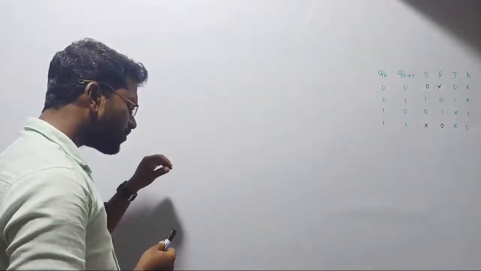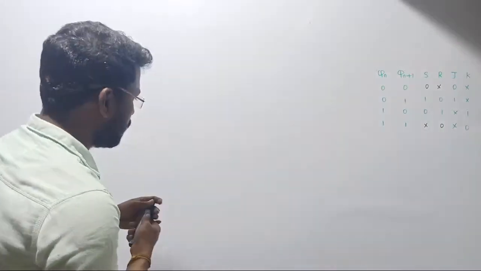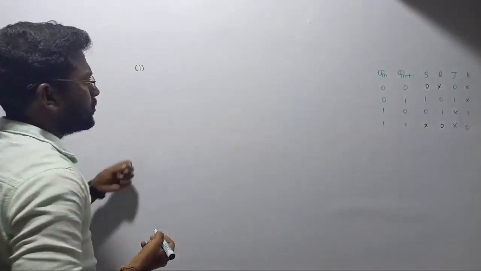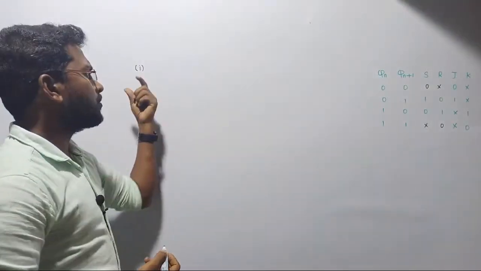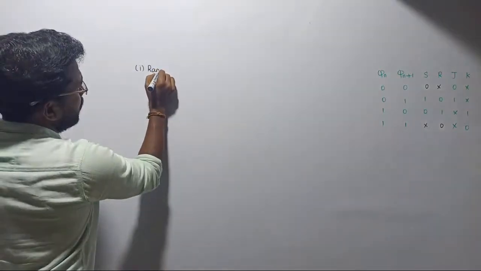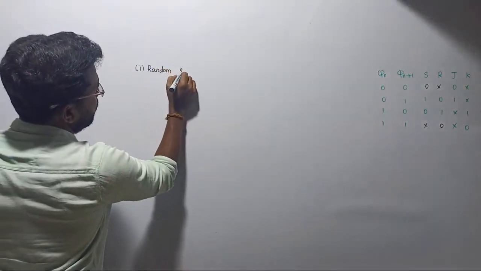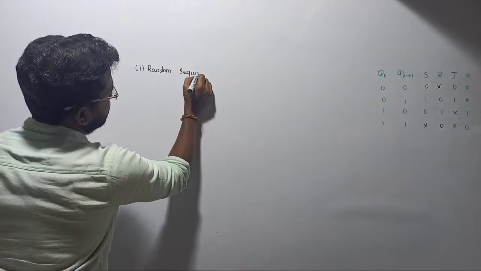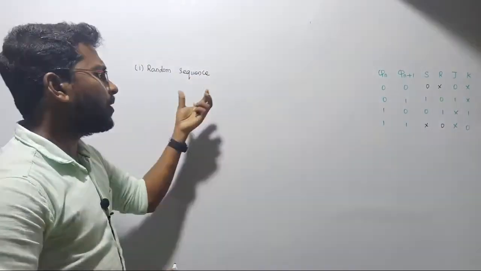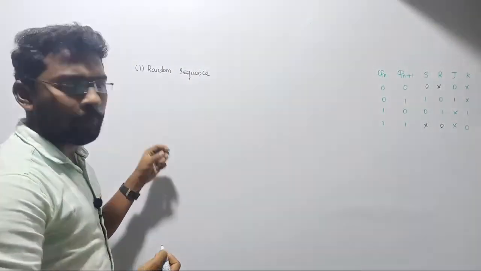So the general procedure to design any type of counters is as follows. Step number one: some random sequence will be given to you. Random sequence in the sense that it might be in proper order or it may not be in proper order, it does not matter.